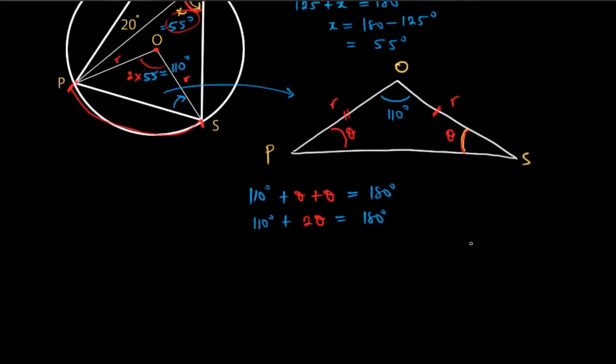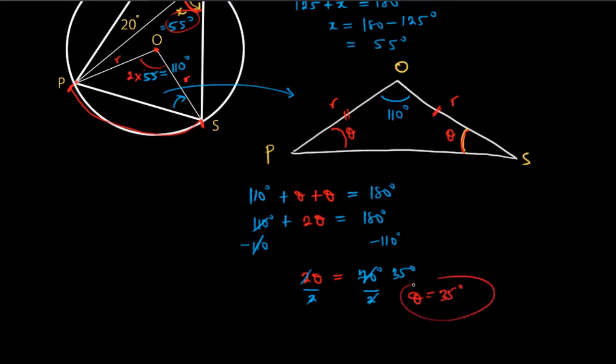Since we want to find theta, we're going to deduct 110 from both sides. So this goes off, and you have 2 theta equal to 180 minus 110, which gives 70 degrees. To find theta, I will divide both sides by 2, and this gives 35 degrees. So in other words, my theta equals 35 degrees.